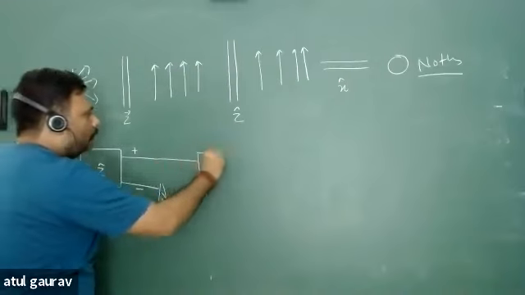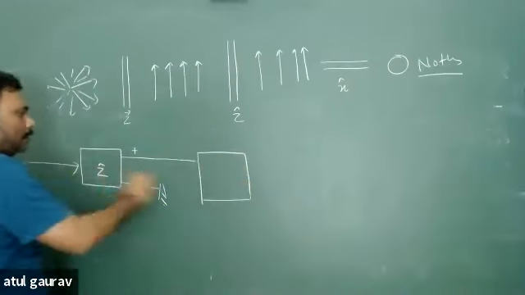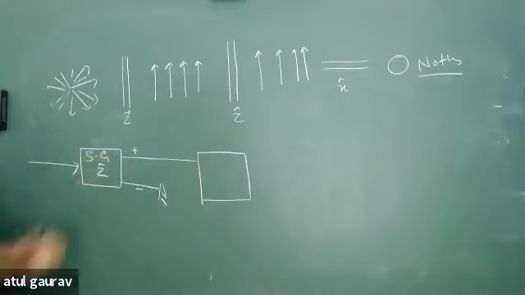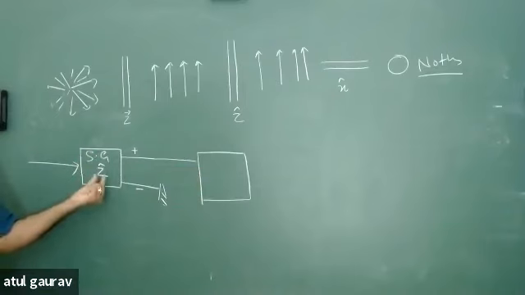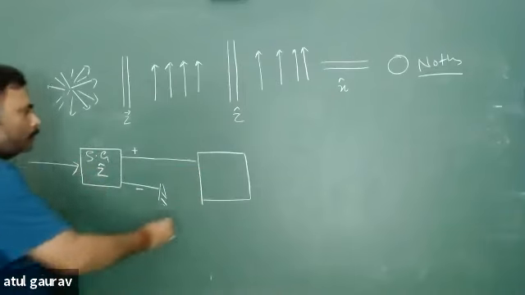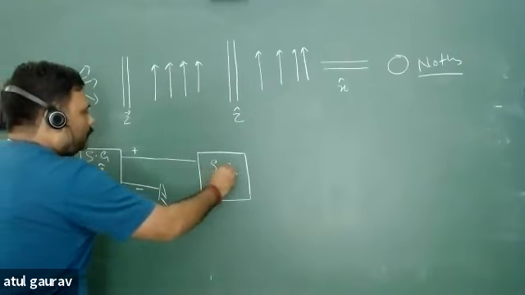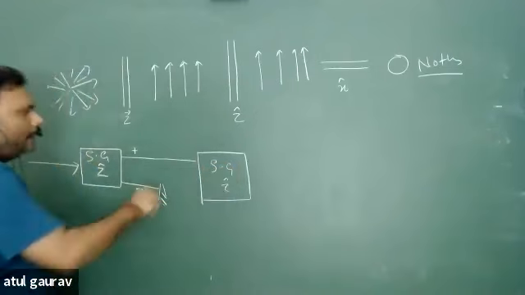And again we are putting the same apparatus, some black box kind of thing, writing SG apparatus in Z direction, meaning the magnetic field is in the Z direction. And now I will again put SG in the Z cap direction. What I will get?